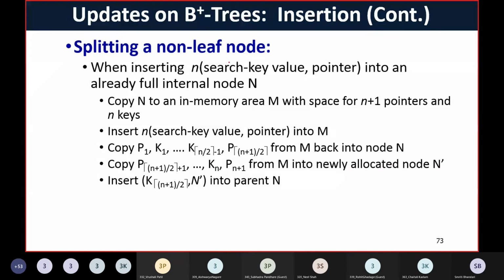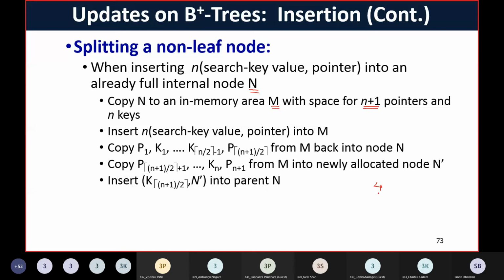So, let us see now how to split a non-leaf node. We have seen the process of splitting a leaf node. Now, let us look at how to split a non-leaf node. Whenever we are inserting a search key value pointer pair into an already full internal node, say n, we are going to copy this node n to a temporary location m with space for n plus 1 pointers.